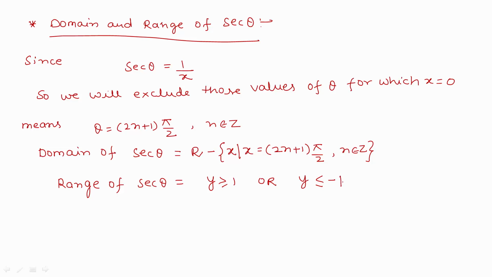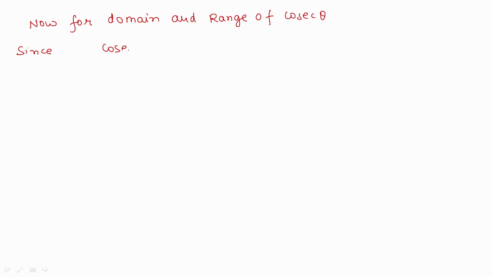And now, at the end, for the domain and range of cosecant theta. Since cosec theta is equal to 1 over y, here we have to eliminate from the real numbers those values of theta for which y is equal to 0.